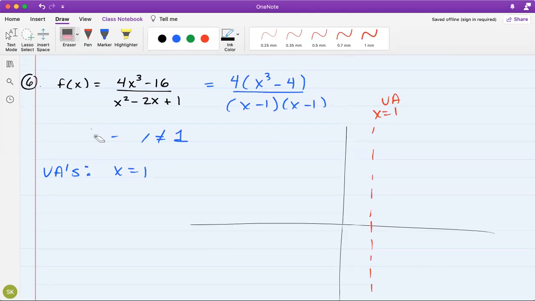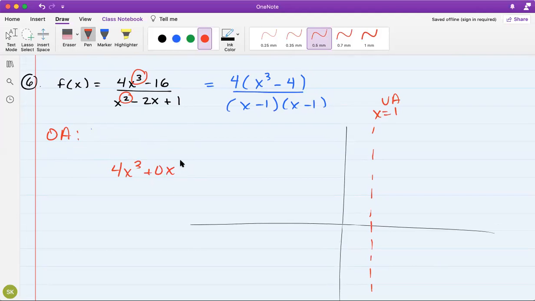The next thing we ask ourselves is, is there a horizontal or oblique asymptote? The answer is yes. Notice that this power is 1 more than this power, so we're going to have an oblique asymptote. How we find it, which of course we've done before but I'm going to do again, is we take the numerator, making sure you put it in expanded form, and divide it by the denominator.